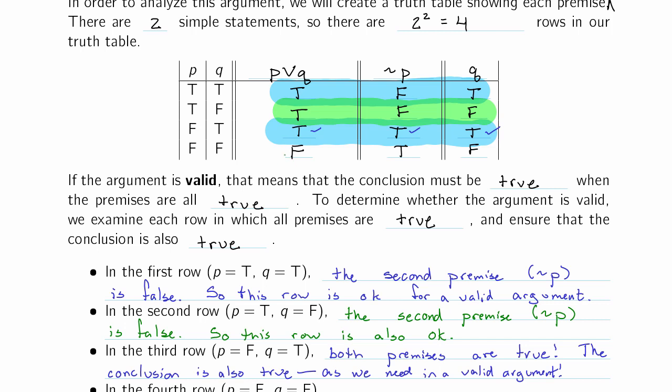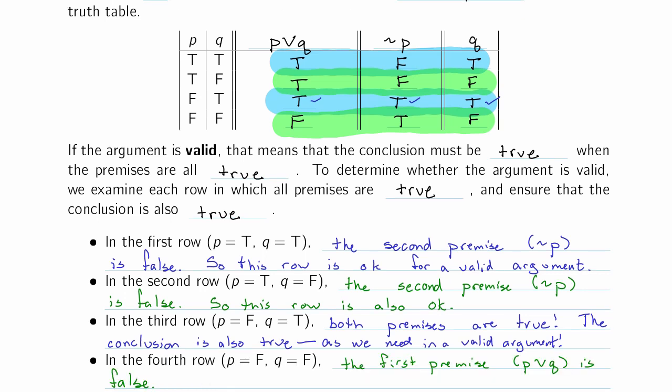And then let's take a look at this fourth row. In the fourth row, where P and Q are both false, well, in that row we see that the first premise is false. So when at least one of the premises are false, the conclusion can do whatever. It doesn't hurt the argument being valid.